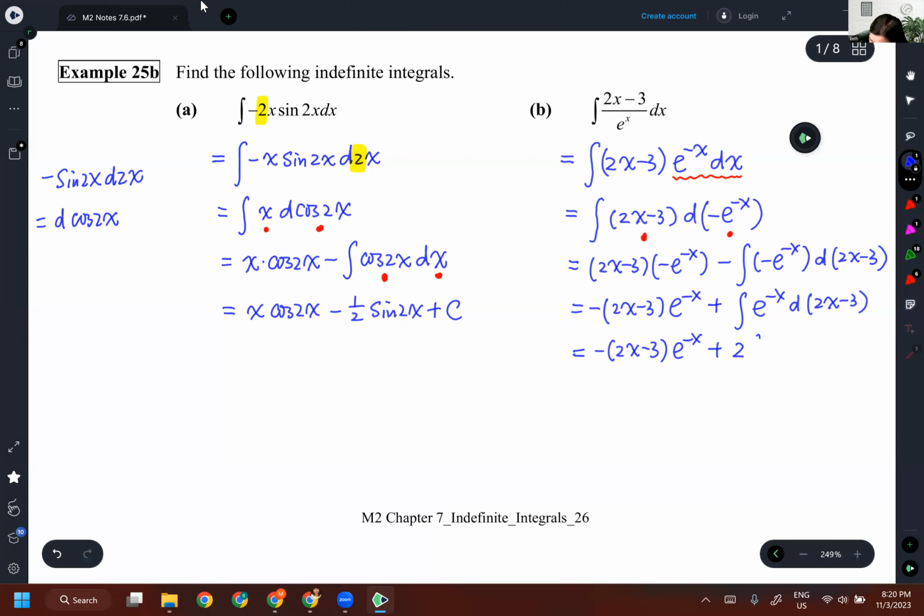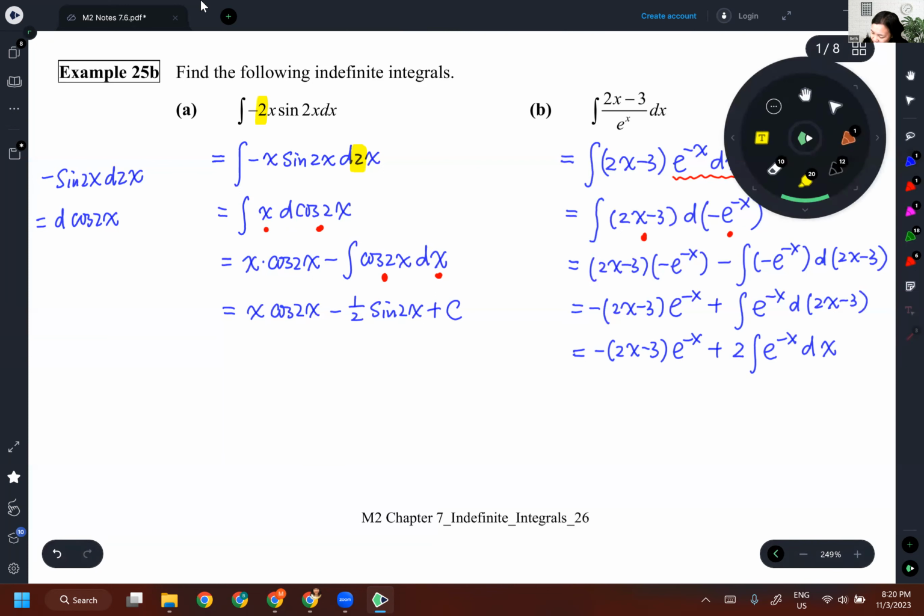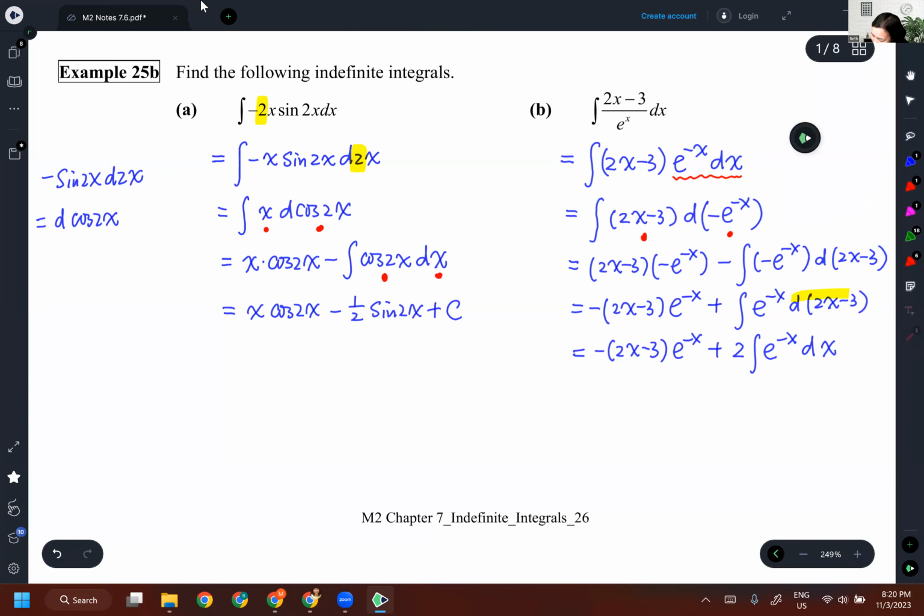I put 2 in front. Now when I simplify there, it's another substitution. Really, the substitution is everywhere. You see, this is substituted by this. Is another substitution.